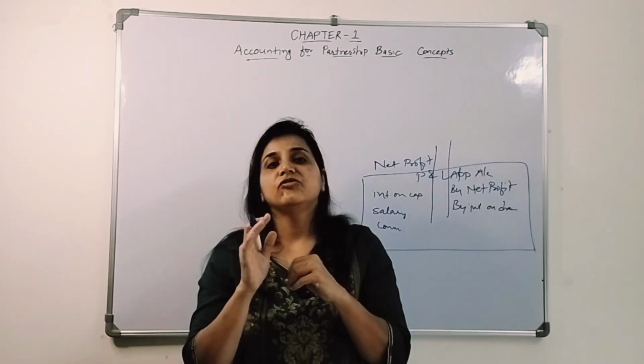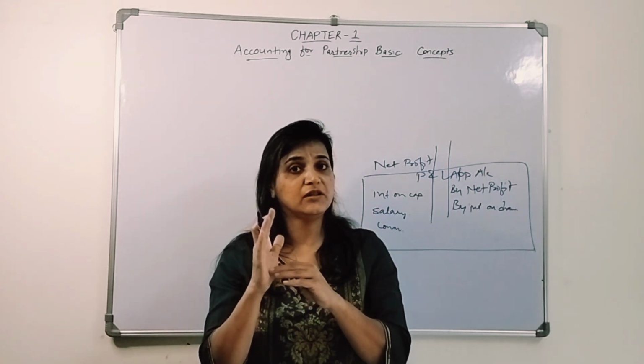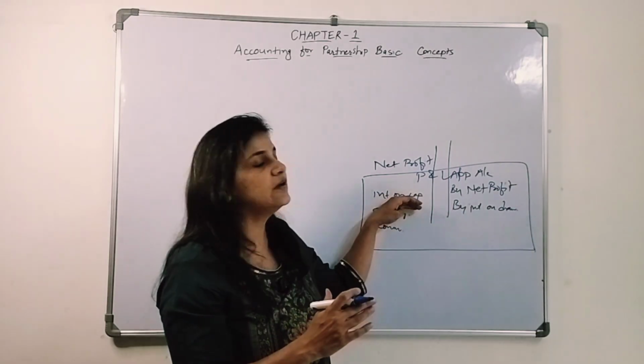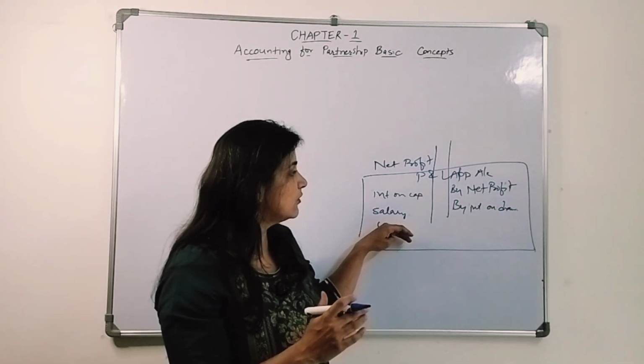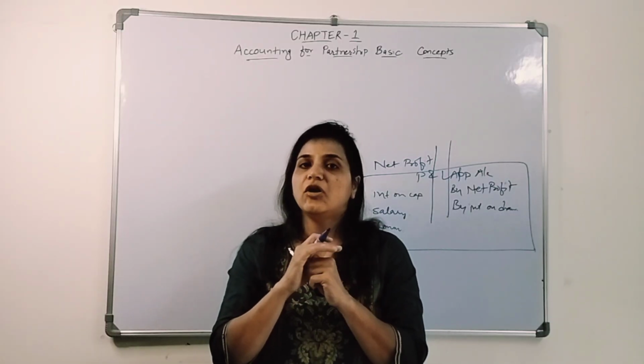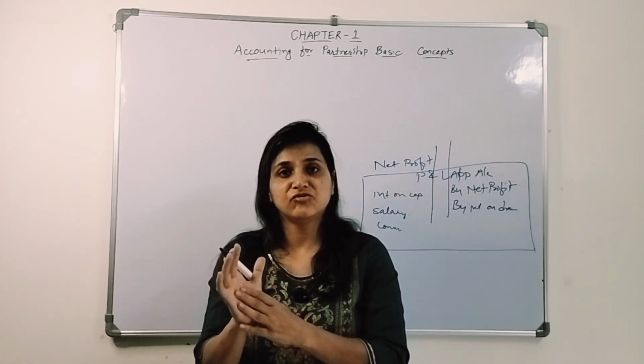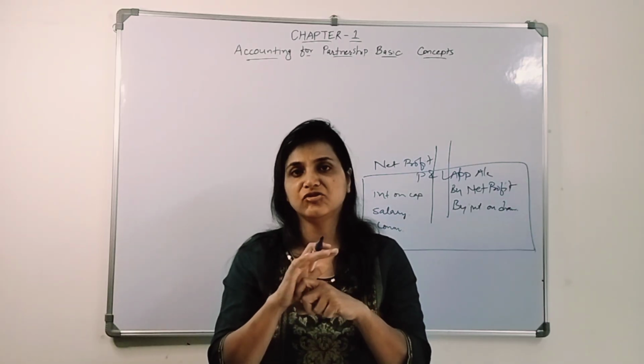Now you need to remember this one thing. First and foremost, if it is mentioned in the partnership deed, then only you will give interest on capital, salary, commission, remuneration, interest on drawings. If it is not mentioned, then you are not supposed to give interest on capital or charge interest on drawings or salary, remuneration, commission, anything.